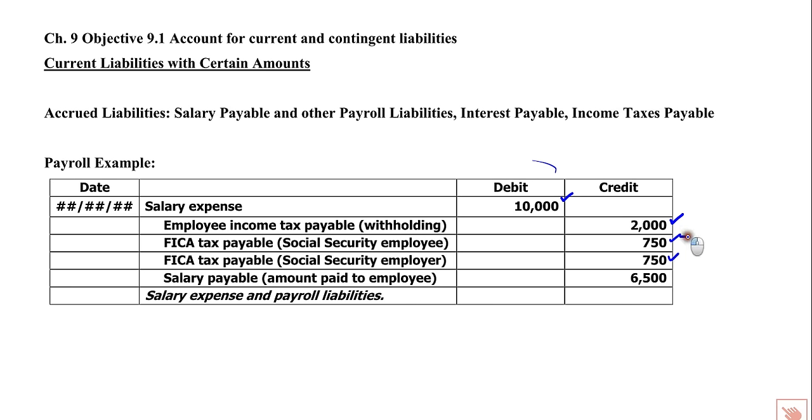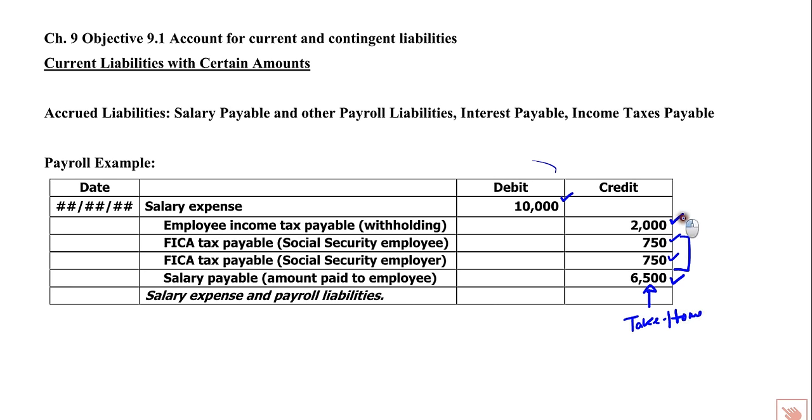We're just trying to say there's aspects of the paycheck that increase liabilities that don't go to the employee. Here's the part that goes to the employee, which would be their take-home pay. The $6,500 is the take-home.